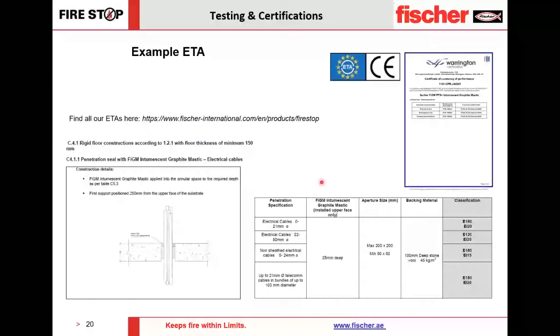Whilst the ETA itself is an assessment at a given time, the COC document you see on the top right side, which goes along with the ETA and is referenced with the ETA, ensures the quality consistency on the highest level and the product manufacturing, which is observed over the official factory process control system.